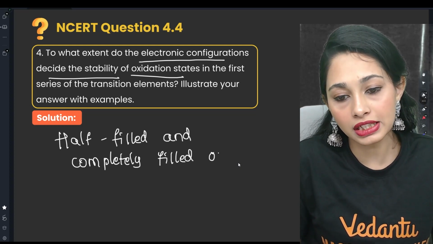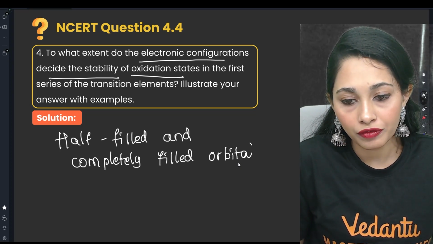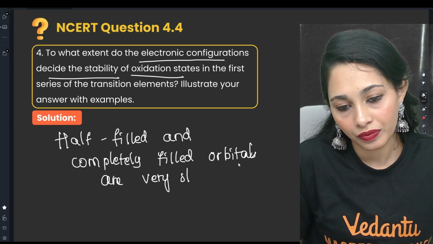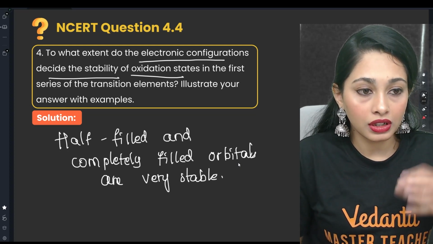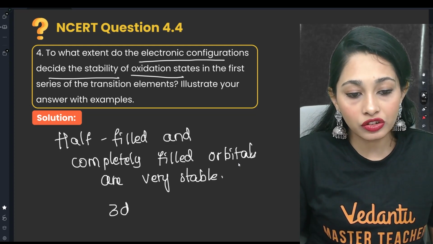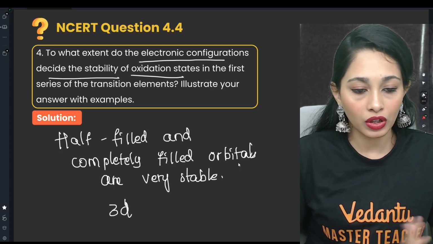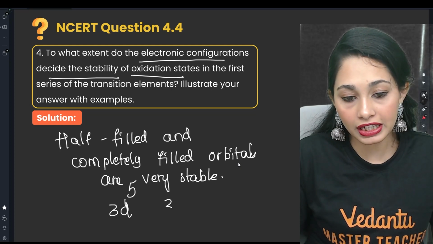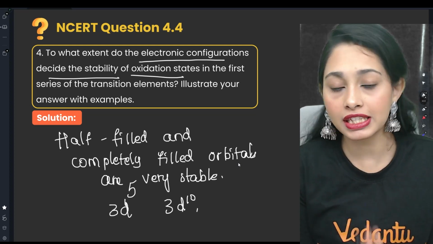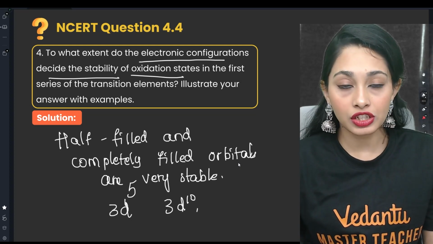Filled orbitals are very stable. When it comes to the first series of transition elements, they have 3d orbital. If it's 3d5 and 3d10, the metal ion is going to be extremely stable.